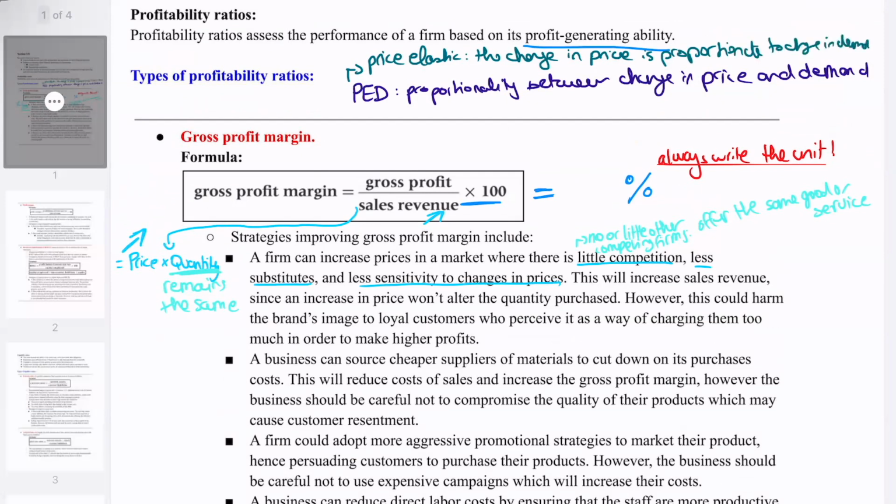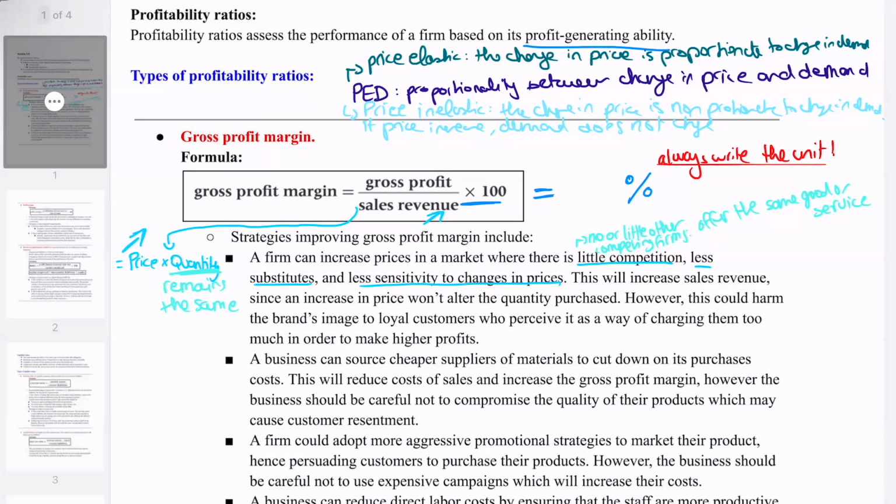However, if it's price inelastic, the change in price is non-proportionate to the change in demand, meaning that if price increases, demand does not change, in this case specifically. This means that consumers or customers are less sensitive to changes in price.